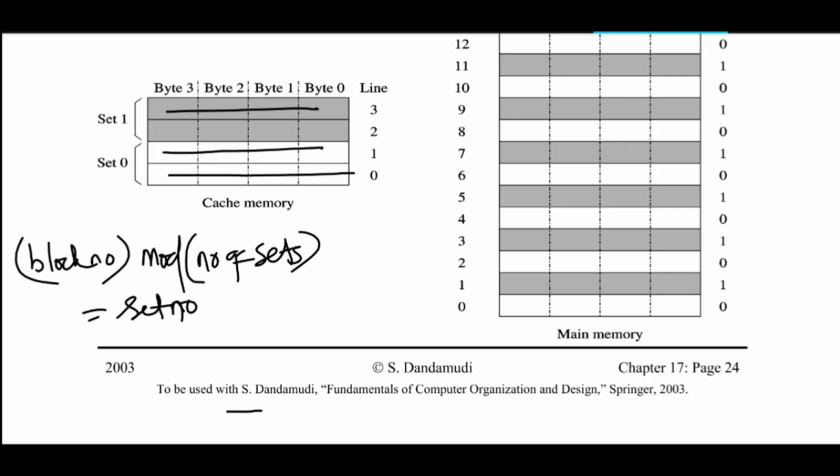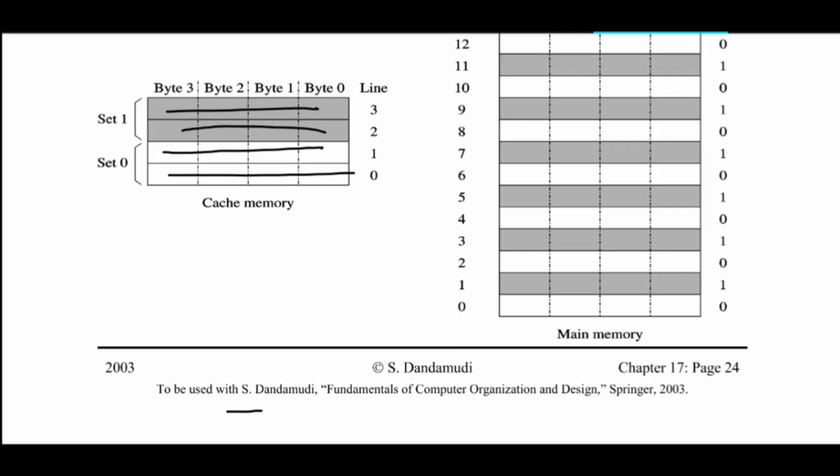Same in set 1, line 1, line 2. In direct mapping there is a problem: we can store one data in line 1, but we cannot store multiple data in the same line. Here, this facility allows us to store multiple data in multiple lines in a single set.